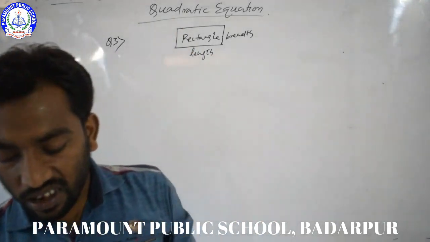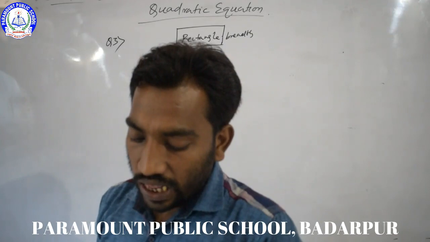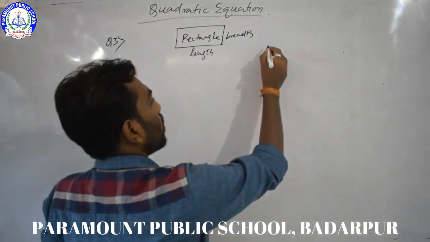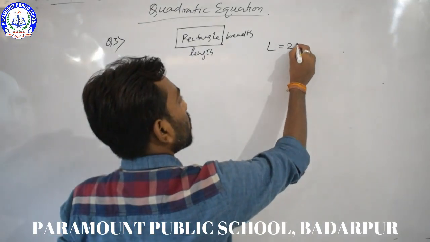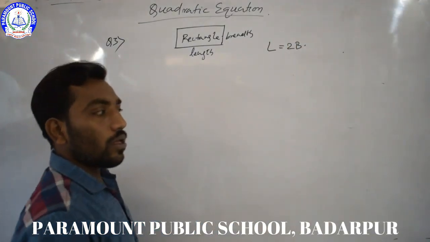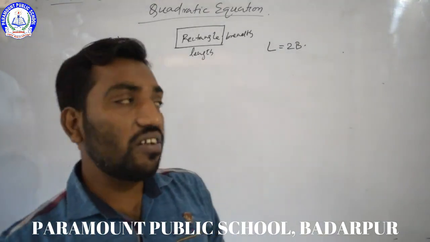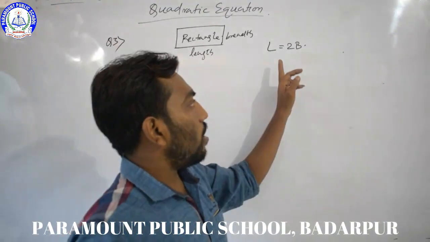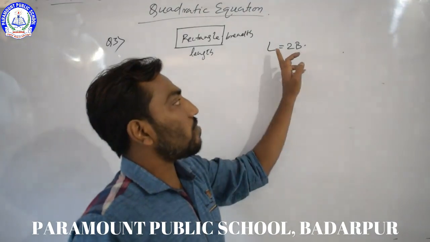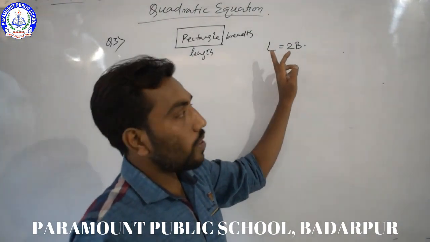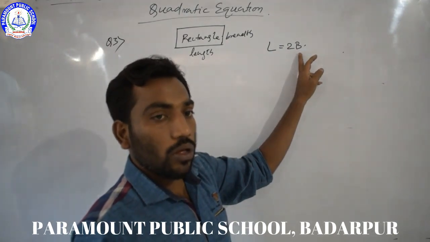Now what is the condition? Whose length is twice its breadth. They are telling that length is twice the breadth. So dear student, whenever you get a comparison type of problem, where they are telling that length is twice the breadth, they are comparing our length value with our breadth value.